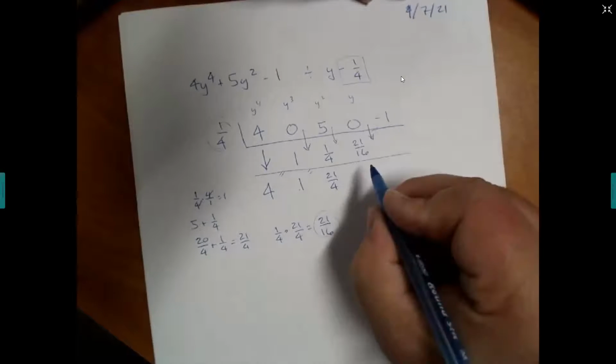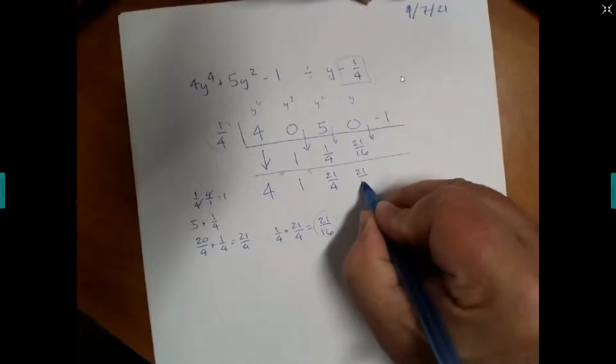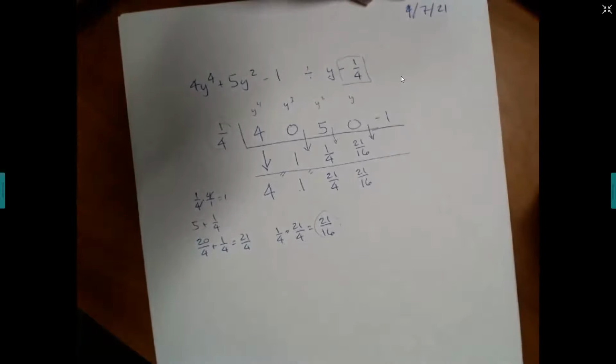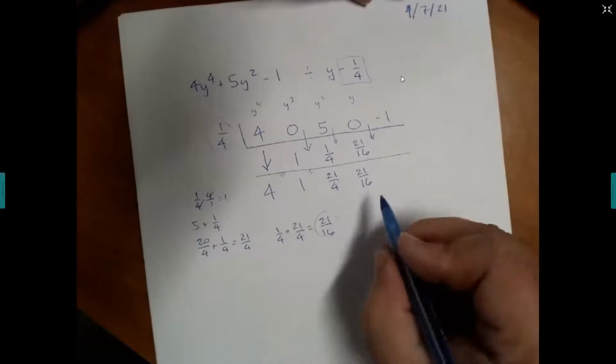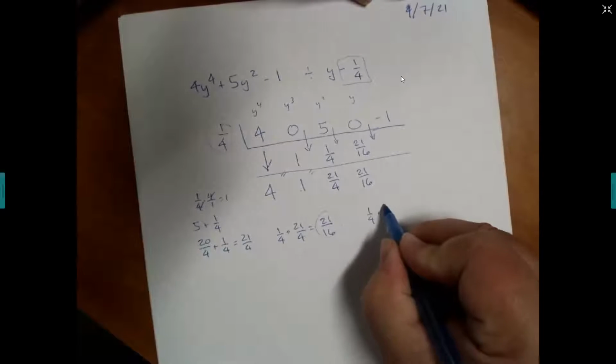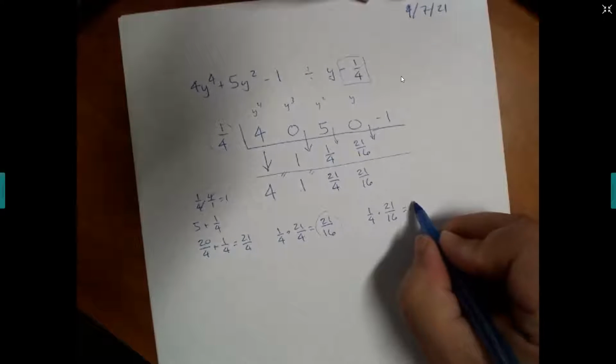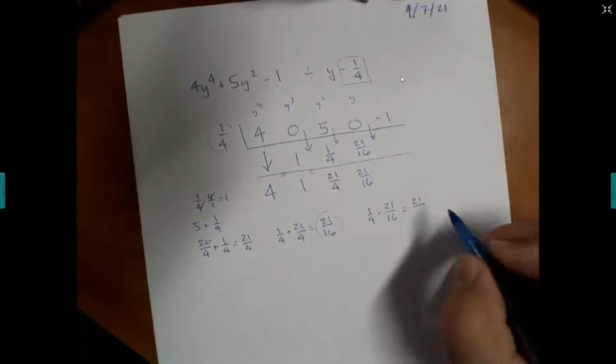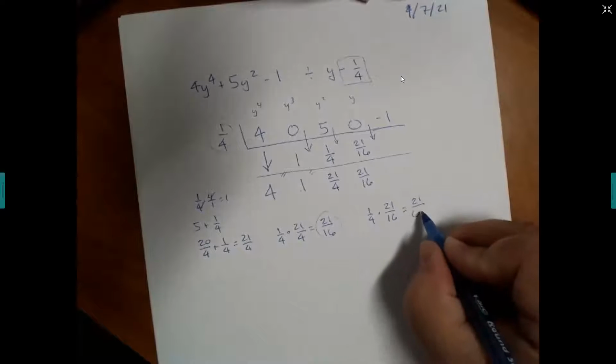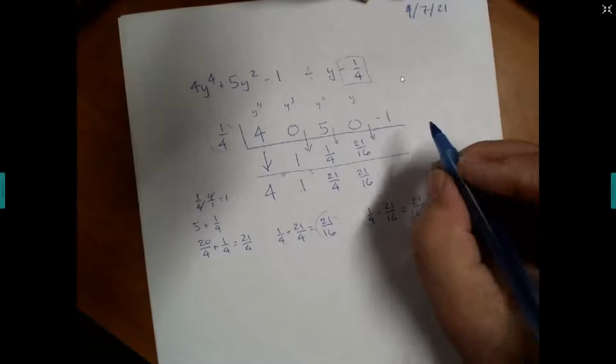We add. You get 21/16 and multiply 1/4 times 21/16. Nothing cancels. 1 times 21 is 21. 4 times 16 is 64.